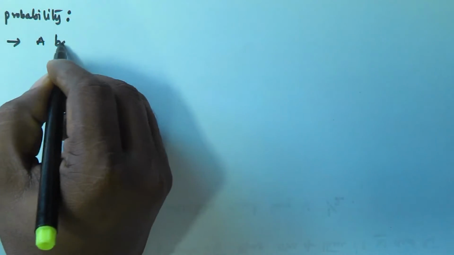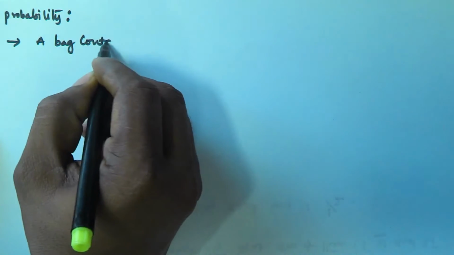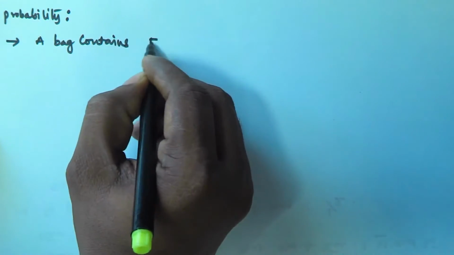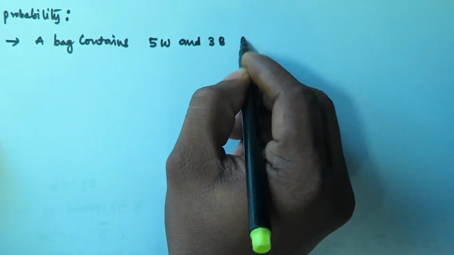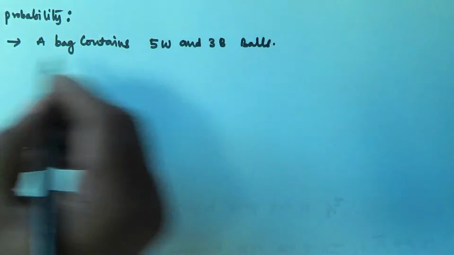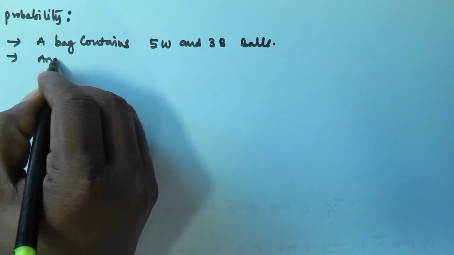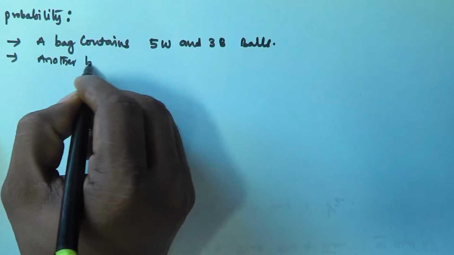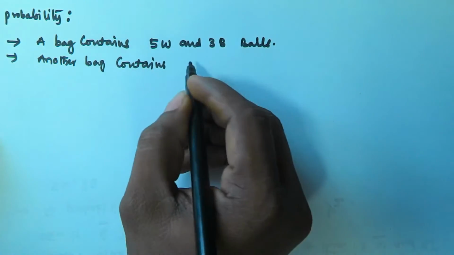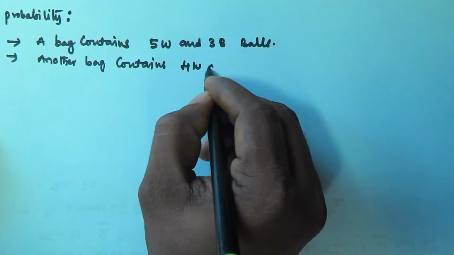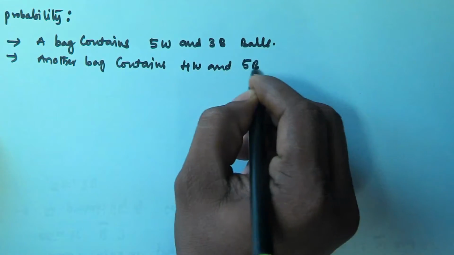So the problem is: a bag contains 5 white balls and 3 black balls, and another bag contains 4 white balls and 5 black balls.